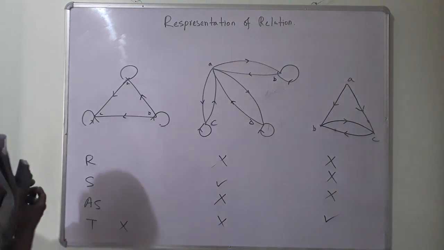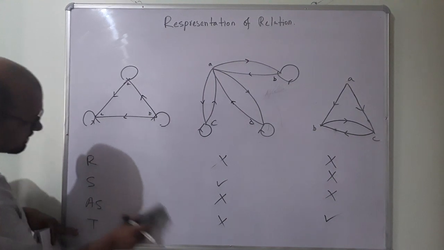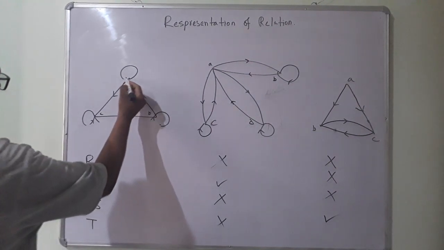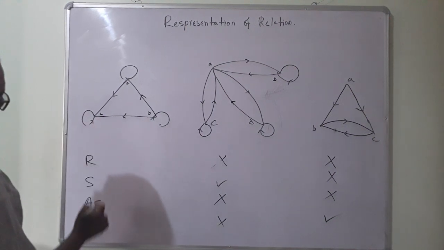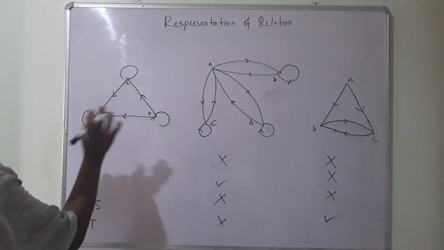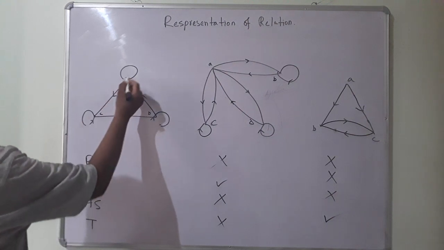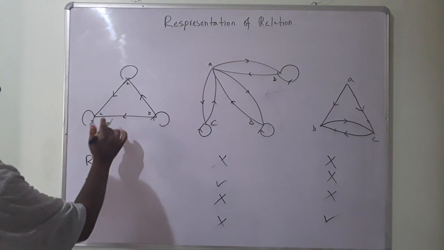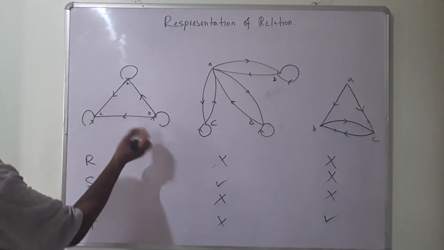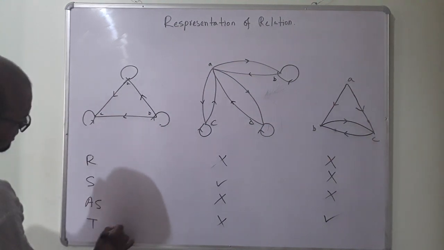Okay, this will become transitive, right? BA is there, AC is there, so BC is there. Then BC is there, AC does not matter. AC is there, BA is there, that we saw. BC is there. So okay, this one becomes transitive.